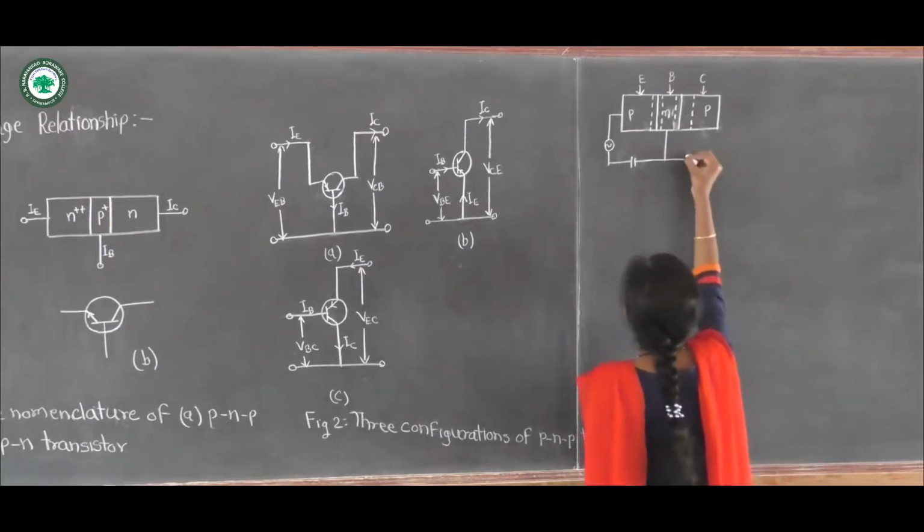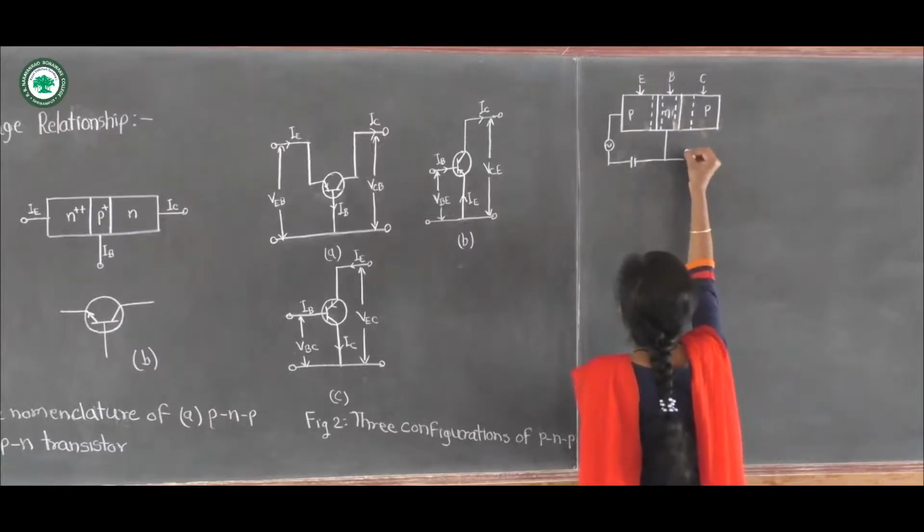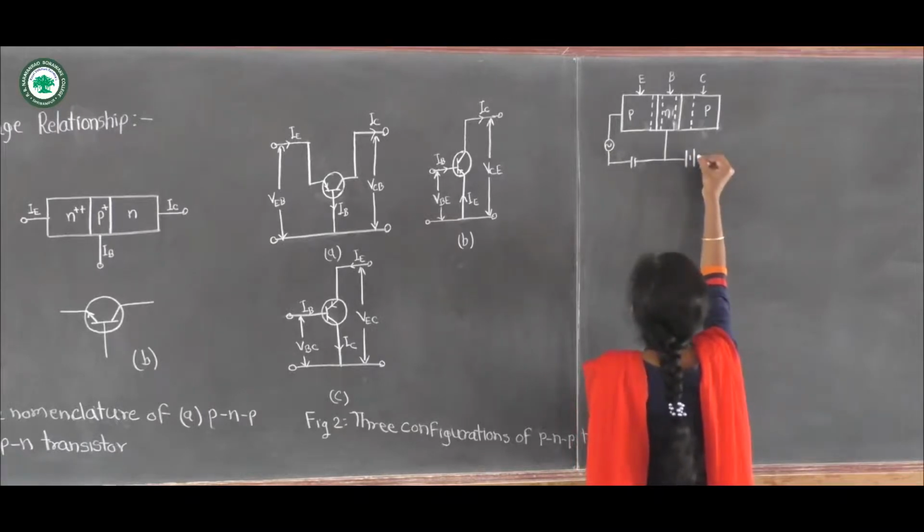So in this case the N region is connected to the positive terminal of the battery and the P region is connected to the negative terminal of the battery.